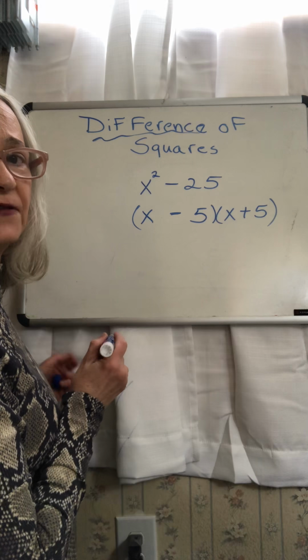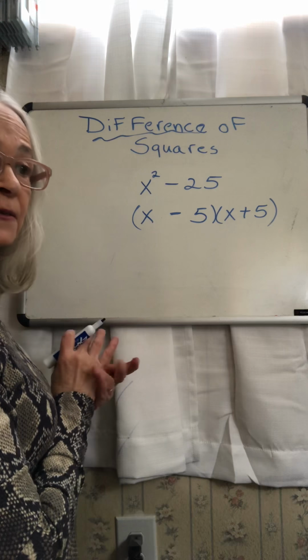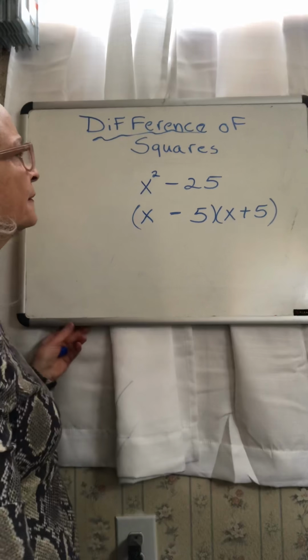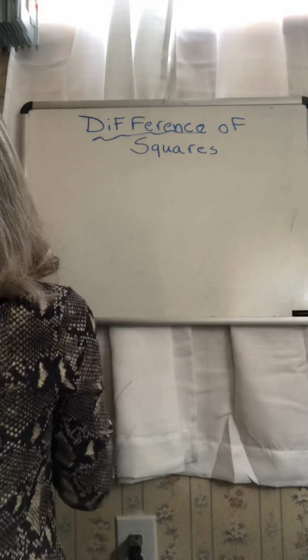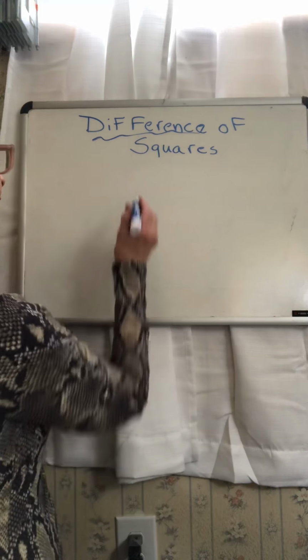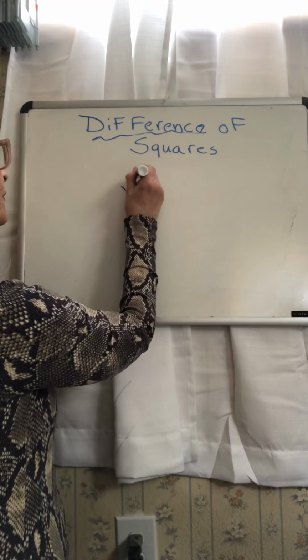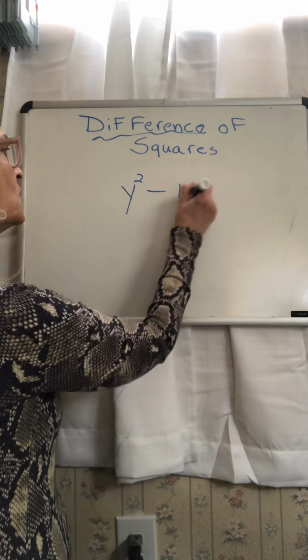So x minus 5 in one parenthesis, x plus 5 in the second parenthesis. Okay. And let's go ahead and look at number 3. So number 3, we've got y squared minus 121.